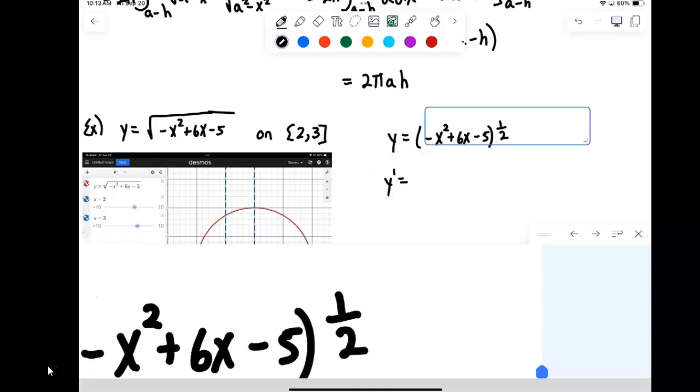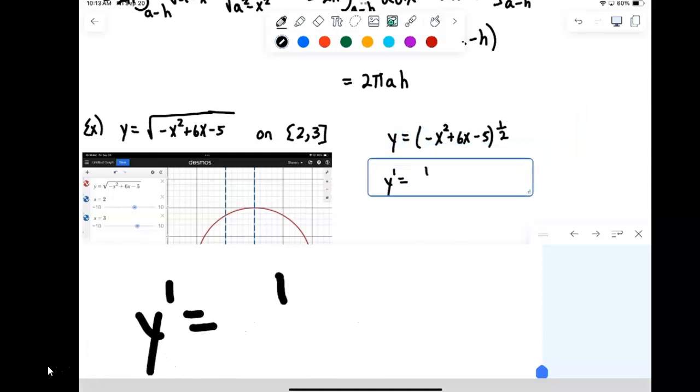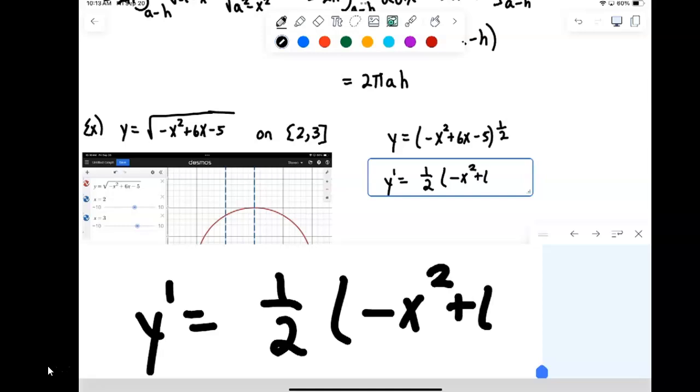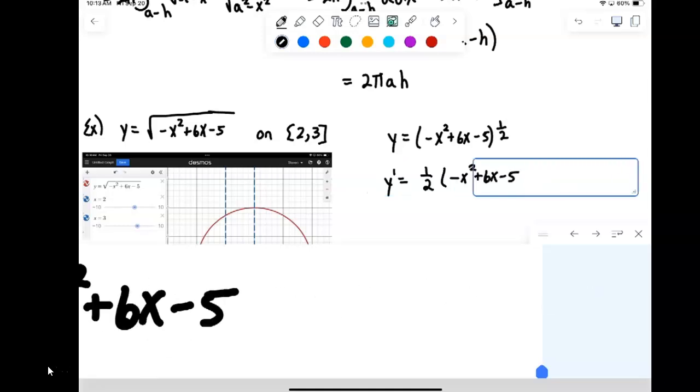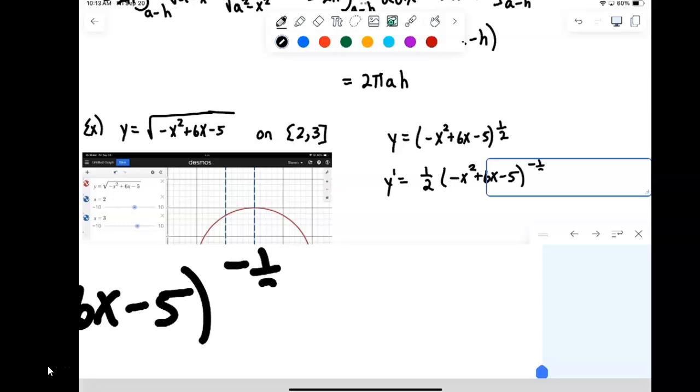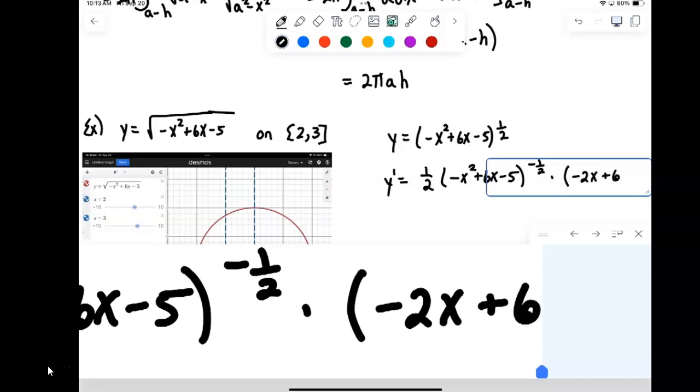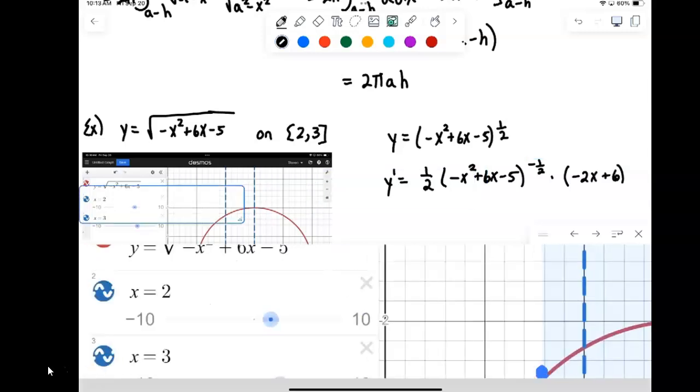That will be the derivative of the outer function, so 1/2 times that stuff to the negative 1/2, times the derivative of the inside, negative 2x plus 6.